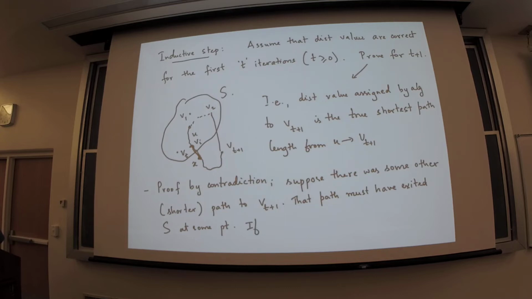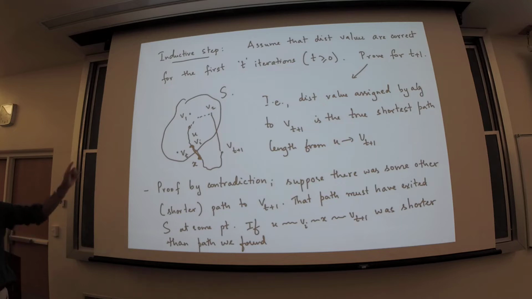Now, if u to Vi to x to Vt plus 1 was shorter than the path we found, if it was strictly shorter than the path we found, then u to Vi to x is also shorter than the path we found.